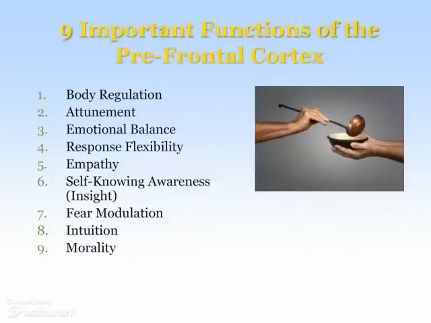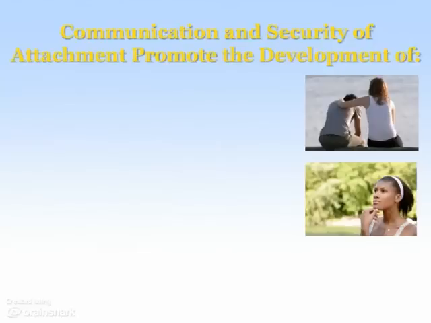So when we have, quote, flipped our lid, we sort of lose our moral compass. We react to our children in ways that are not attuned, that are not flexible, where we're not having empathy, and we're not going to be our best selves in our parenting.